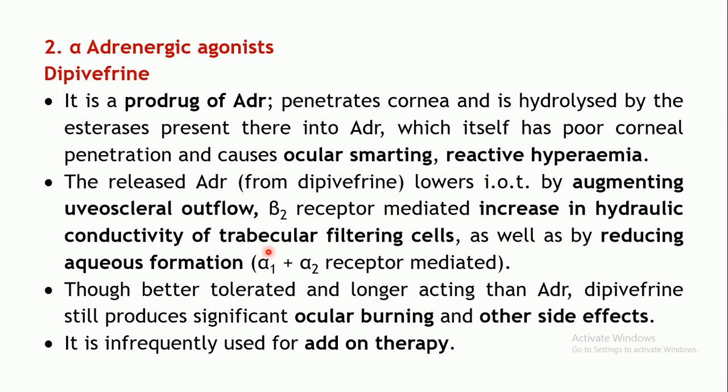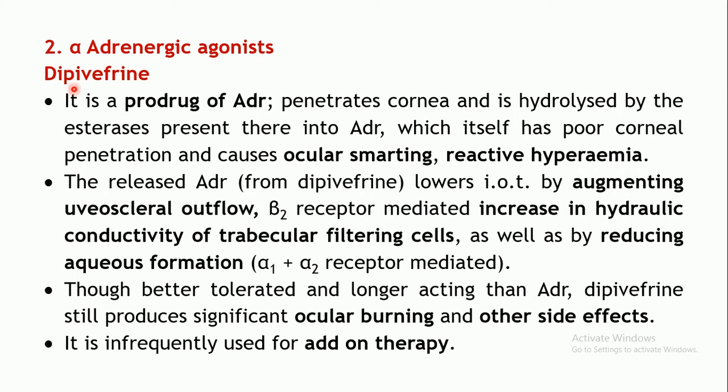Okay, so this has to do with the ocular beta blockers. Then the next class is the alpha adrenergic agonists. Okay, the first drug under this particular category is dipivefrin. Actually, this is a prodrug of ADR, that is adrenaline. Usually adrenaline cannot penetrate the cornea. Okay, it has poor penetration into the cornea, so for that matter it is designed as a prodrug.